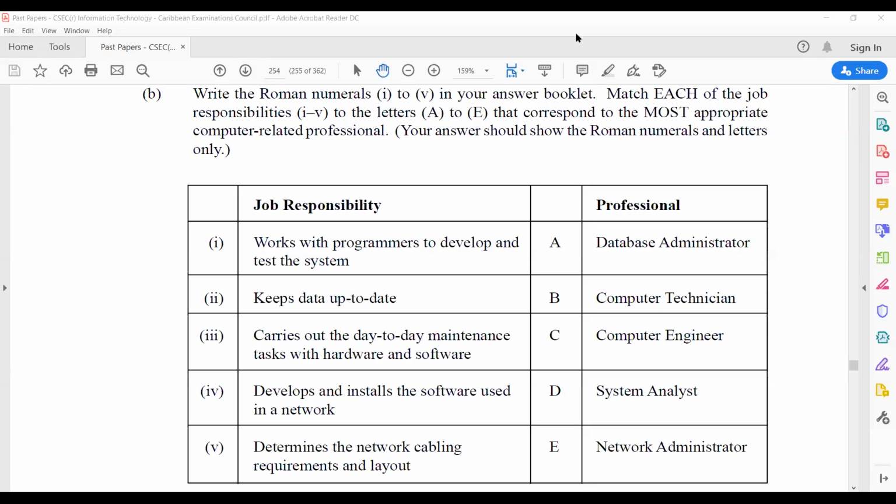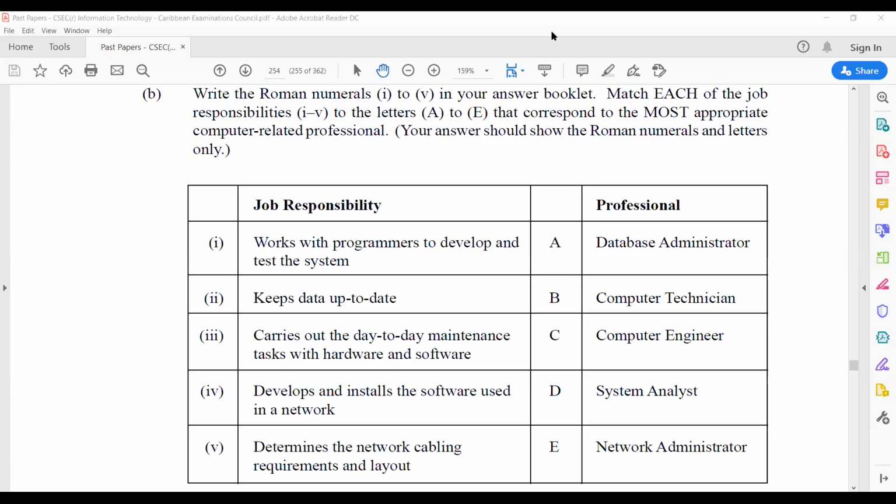Okay, I see some answers coming in. For job responsibility 1, works with programmers to develop and test the system, we have one suggestion for database administrator and one suggestion for system analyst.